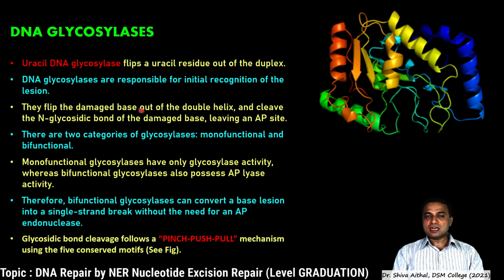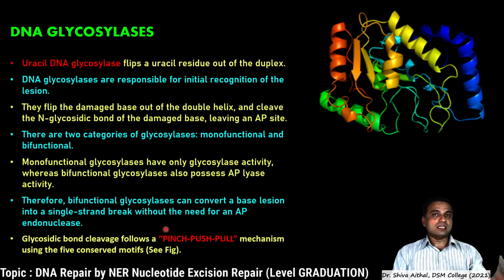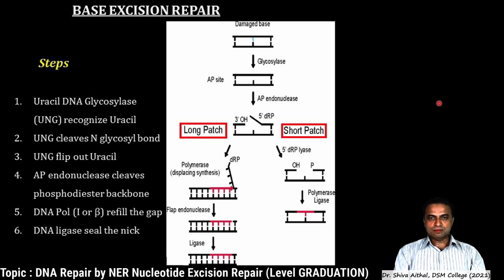Therefore, bifunctional glycosylases can convert a base lesion into a single stranded break without the necessity of AP endonucleases. Glycosylases follow a pinch, push and pull mechanism using the 5 motifs. Now these are the active sites of the protein or the enzyme molecule.